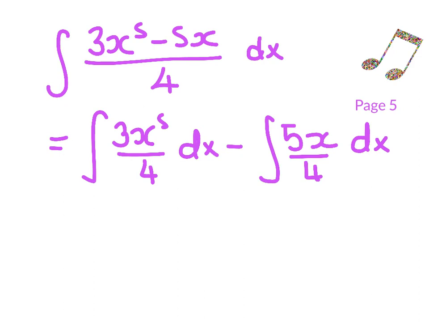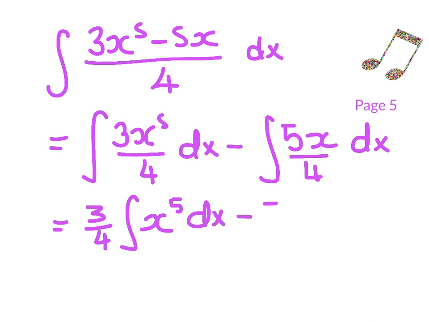I'm going to just pull out the constants to make things less cluttered. So I've got 3/4 times x to the 5 minus 5/4 times the integral of x.